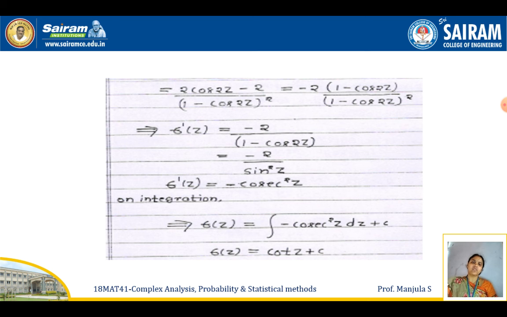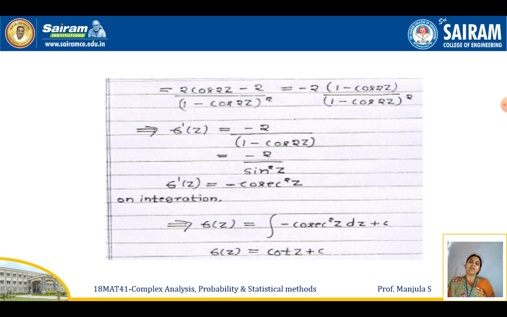1 minus cos 2z can be written as 2 sin square z. So minus 2 divided by 2 sin square z; the 2 gets cancelled, and 1 by sin square is cosecant square. So f dash of z will become minus cosecant square z.